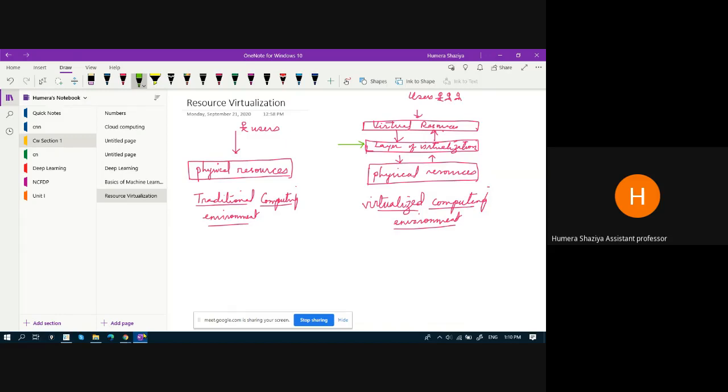Here I give you a traditional example of a Unix server. In a Unix server, several clients are connected, and this server provides service to all of them.